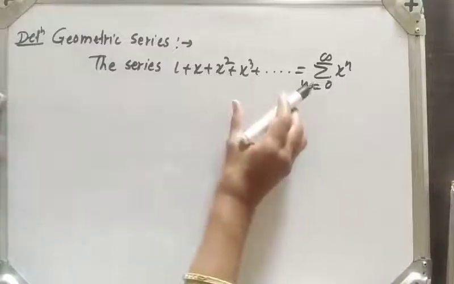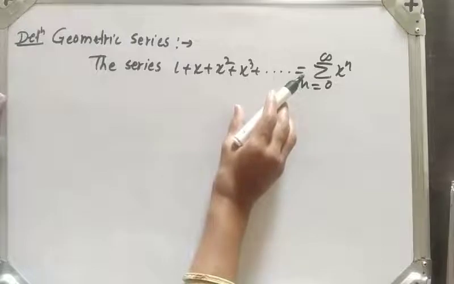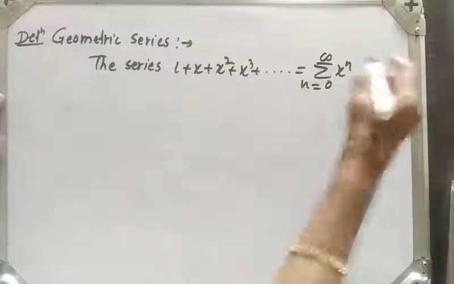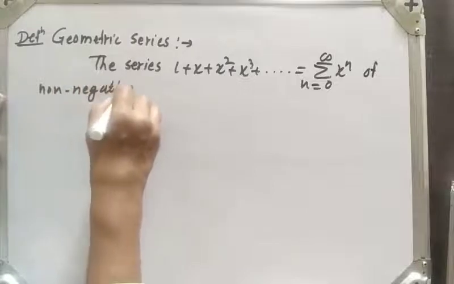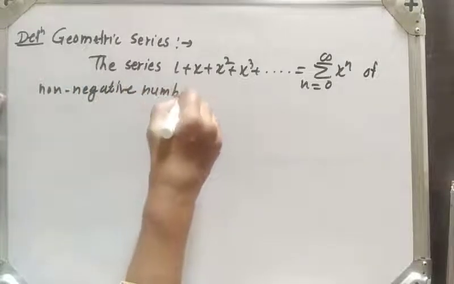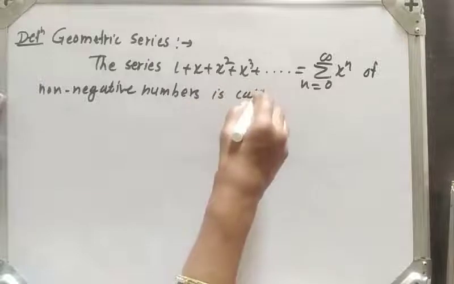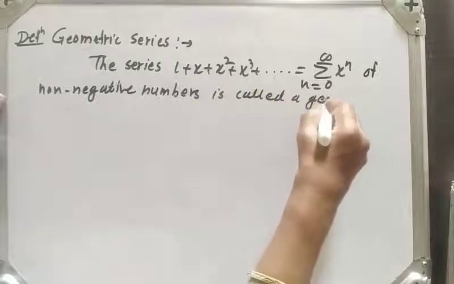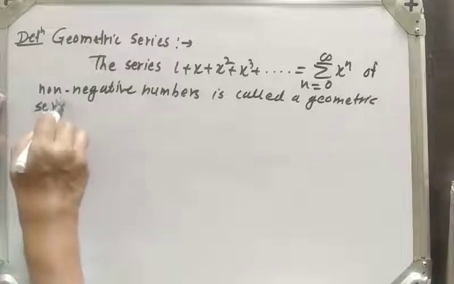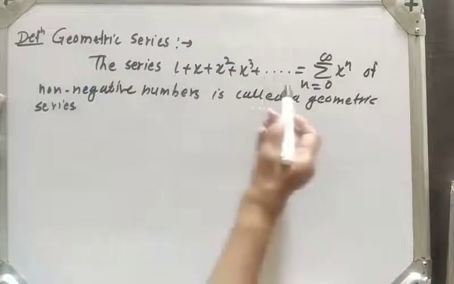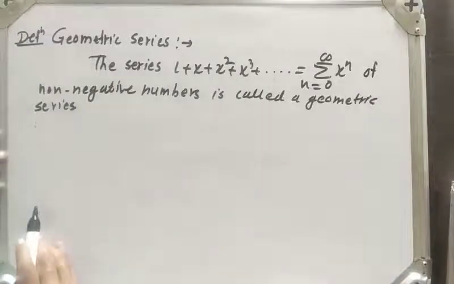Okay, the series 1 plus x plus x square plus x cube plus dot dot dot of non-negative numbers is called a geometric series. Okay, this is geometric. Such type of series is a geometric series.